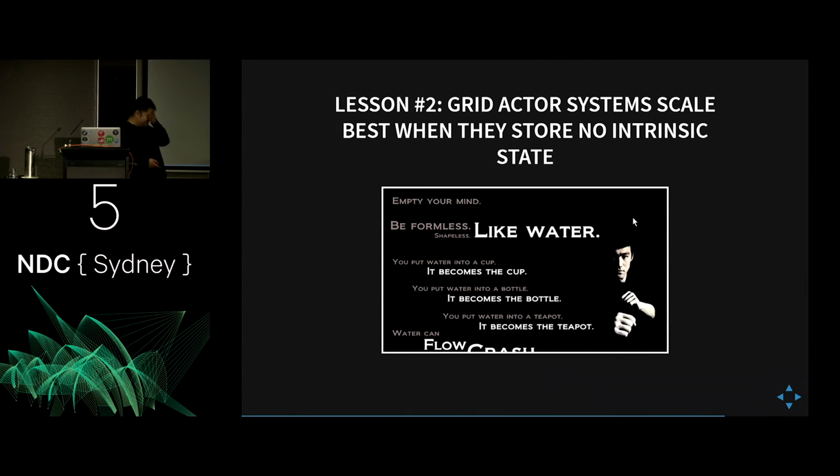Now, the other interesting thing, but it does sound a bit contradictory, is that grid actor systems are great if they store absolutely no intrinsic state, that is long-term state. When we were doing these kinds of calculations, what we would do is we'd pull in the snapshot, and it was consistent for that moment, calculate it, and then throw it away.